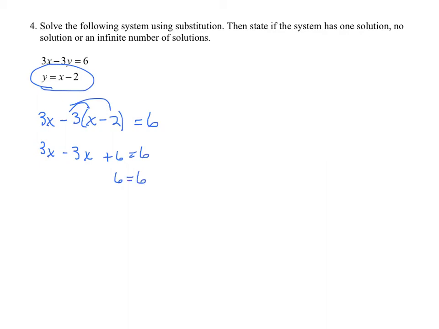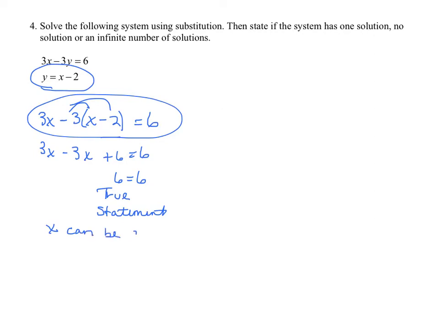Okay, we get 6 is equal to 6. That means that this equation that we just solved for x, x can be anything because I end up with a true statement without x in it. So x can be anything.